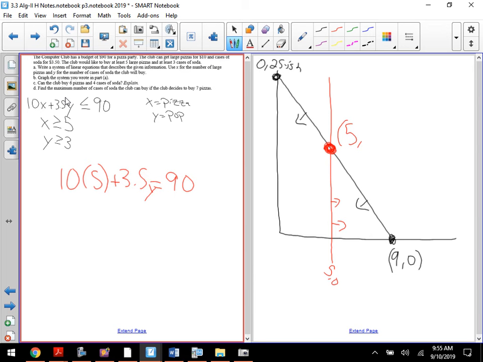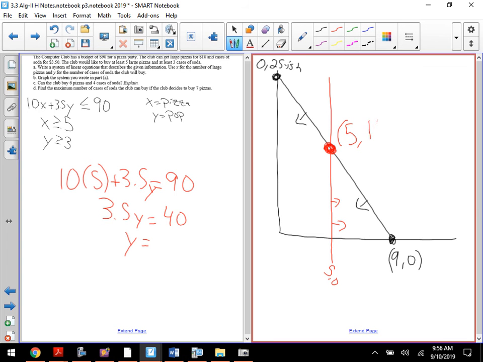Now, if you do that, you wind up with 3.5y is 40. And I think you get a crummy decimal here, don't you? 11.5-ish? Okay. And remember, the reason why I'm going with these crummy decimals for right now is just to show you guys the steps in which we're getting towards, just by figuring out intersection points.